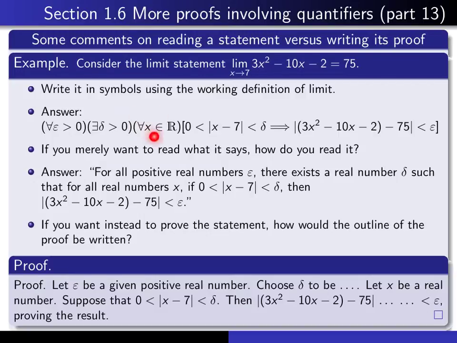When I get here, I say let x be a real number, and assuming that I want to write a direct proof, I would say suppose this happens, and then I have to prove that this actually happens.